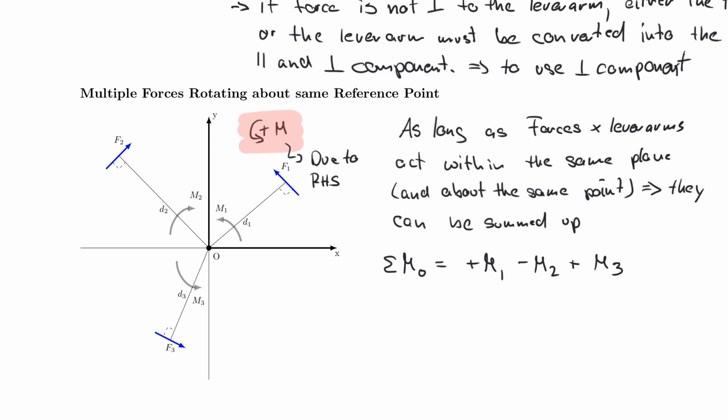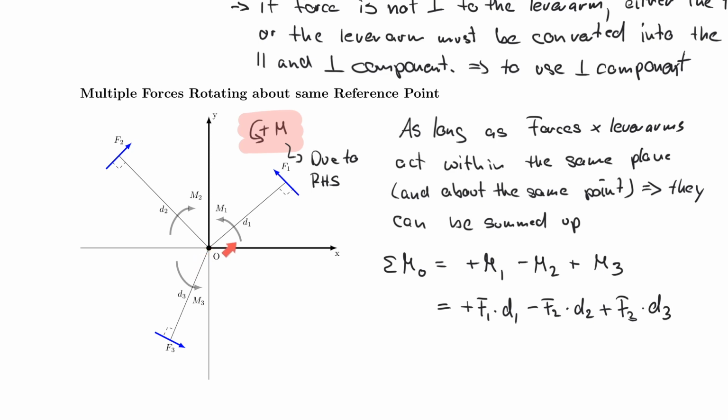And now I can complete my formula here on the bottom. I can also say that it's plus F1 times D1, which is the perpendicular distance, of course, minus F2 times D2, plus F3 D3.